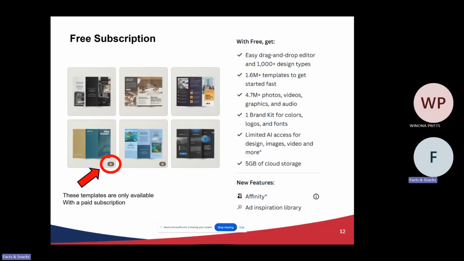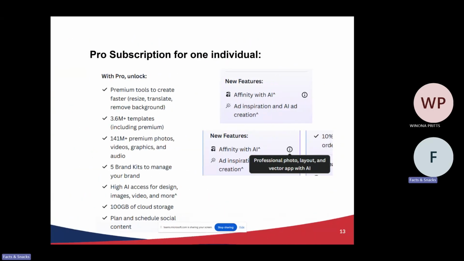With the free subscription, you get lots of capability. You get 1.6 million templates that you can pull out and work through. You get limited AI access, so you still do get AI access with the free subscription. With the pro subscription, you get 3.6 million templates. Do you really need that many templates?